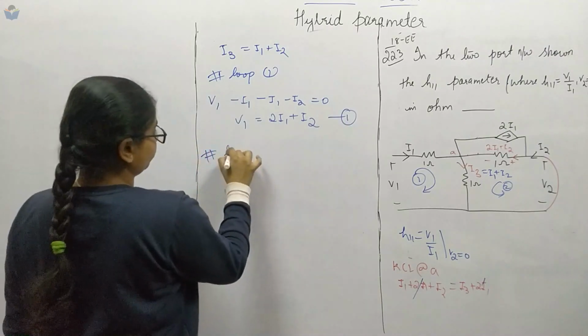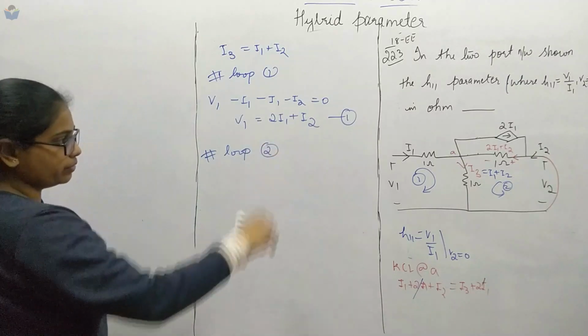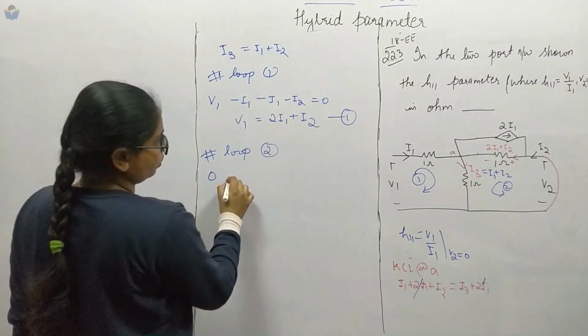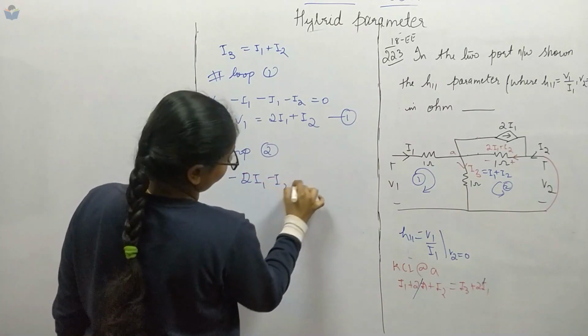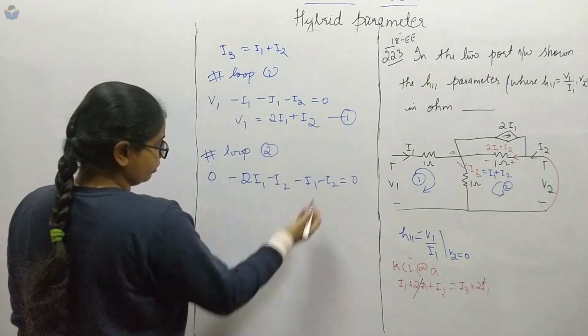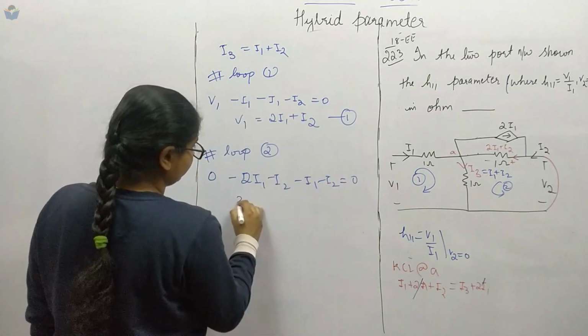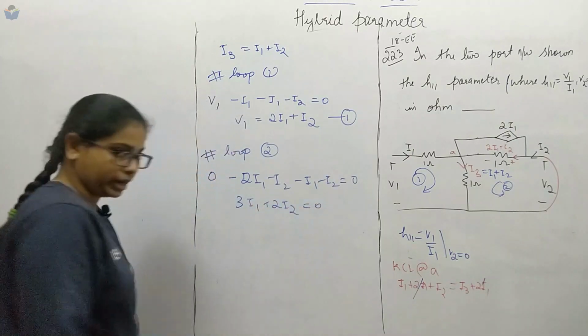Next, in loop 2 I will apply KVL. In loop 2, when we apply KVL, V2 is 0. So 0 minus 2I1 minus I2 minus I1 minus I2 equal to 0, right? Taking the minus as common, 3I1 plus 2I2 equal to 0, right?